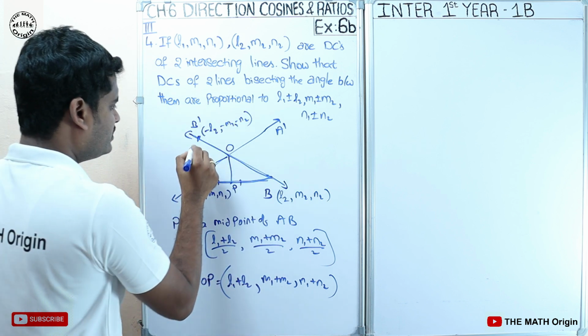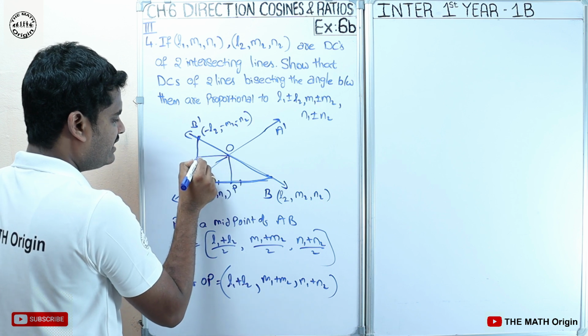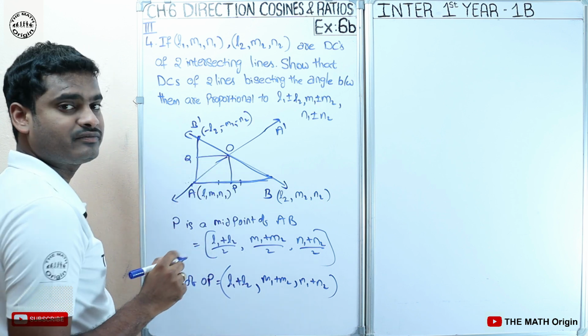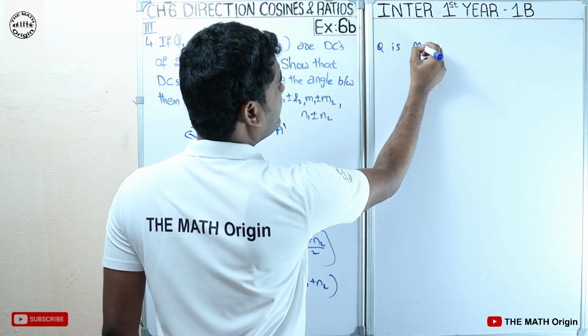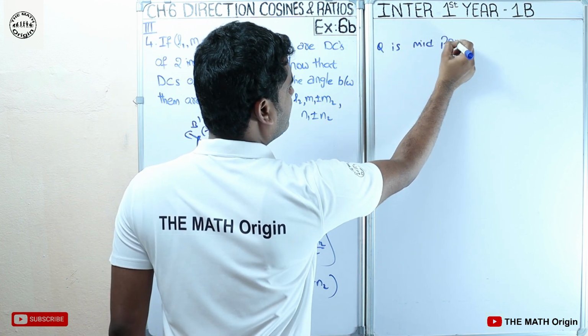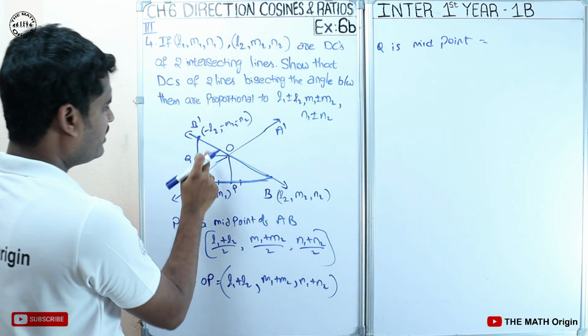ఓకే, ఇది వచ్చింది. ఇప్పుడు ఇక్కడ నుంచి A, B dash, దీనికి ఒక బైసెక్టింగ్ పాయింట్ ఉంటుంది Q. ఓకే, ద మిడ్ పాయింట్ Q ఈజ్ మిడ్ పాయింట్ ఆఫ్ ద బైసెక్టింగ్ యాంగిల్. ఓకే, Q మిడ్ పాయింట్ వాల్యూ ఏమవుతుంది?